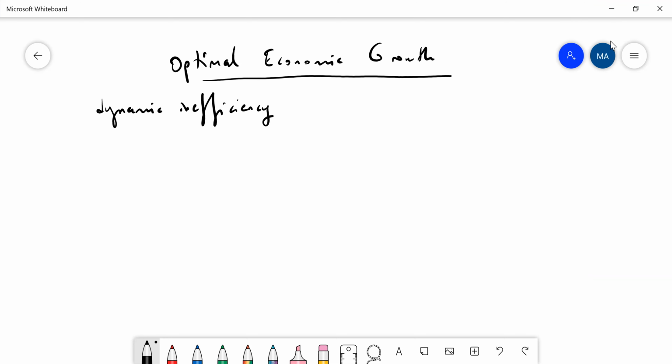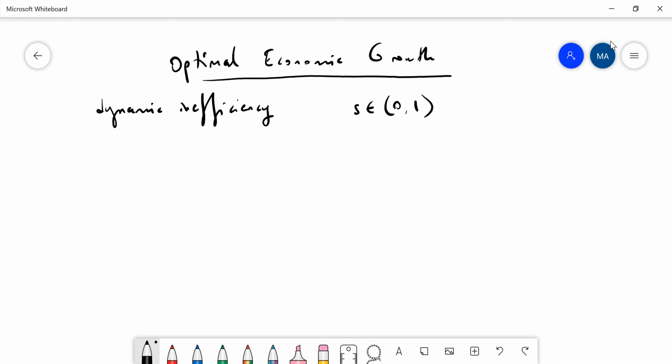Now, what is that? The question is this: since the saving rate is fixed in the Solow model, the question becomes whether the economy may or may not accumulate too much capital. Okay, so when I say too much capital, too much relative to what, right?